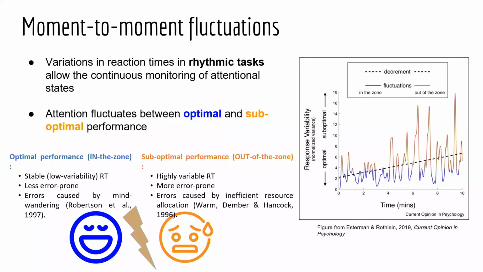But when errors are committed in that time, they are likely to be caused by mind wandering. On the other hand, suboptimal performance is associated with high variability reaction times, and it's a period more prone to attentional lapses. In that case, attentional lapses might be caused by inefficient resource allocation.